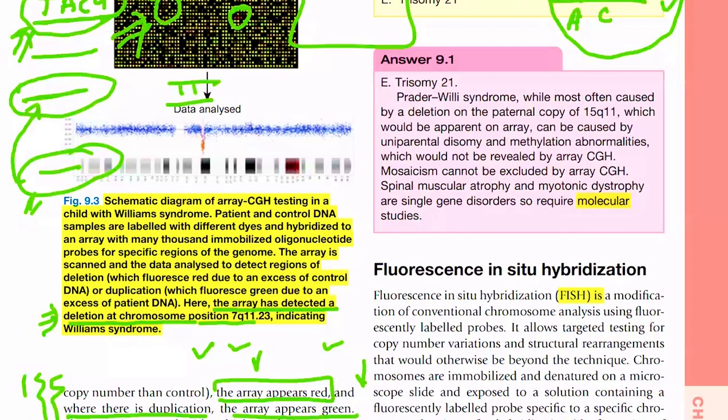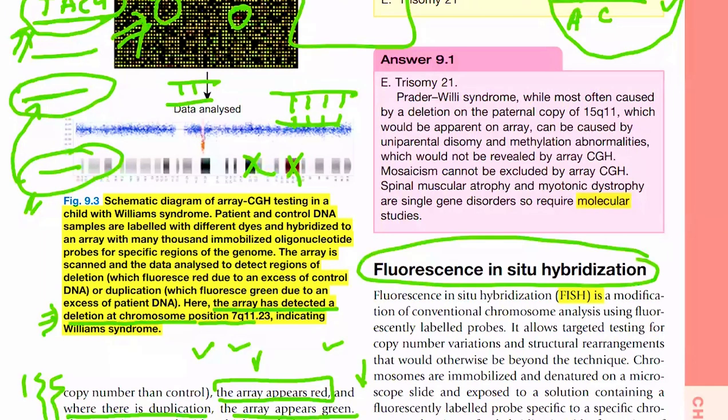So whenever there is balance between these two pairs of adenine and thymine, it will get attached. Whenever there is unbalanced translocation, this array will not detect it. Okay, this was your micro CGH array. Now next is coming the fluorescent in situ hybridization.